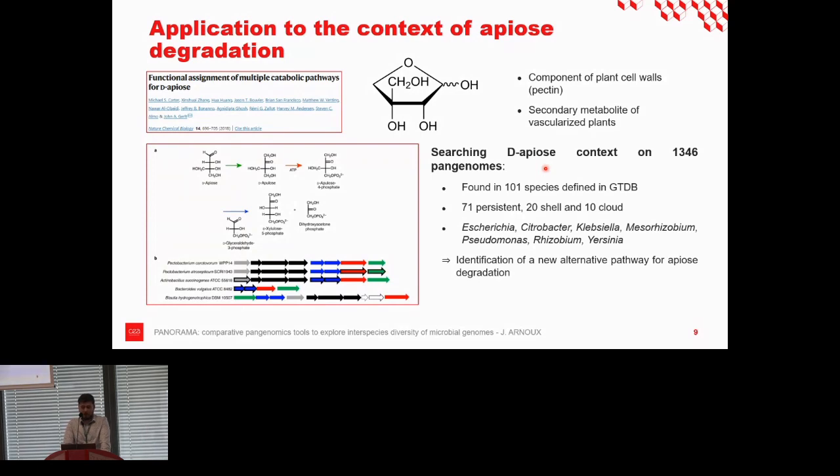We found it in 100 species. Most of the time it is conserved, and it is not in the whole genus but in specific genera such as Echalaecia, for example, and that was a pre-work to identify new alternative pathways for hapiose degradation in different genera.